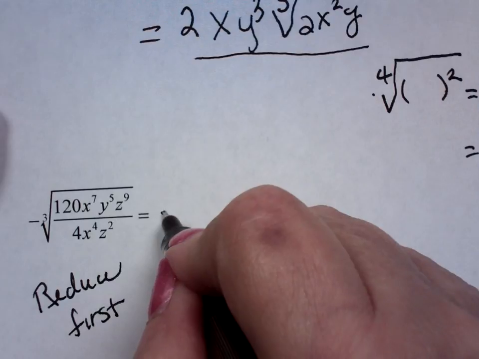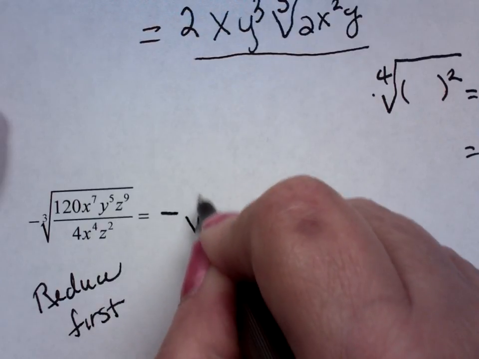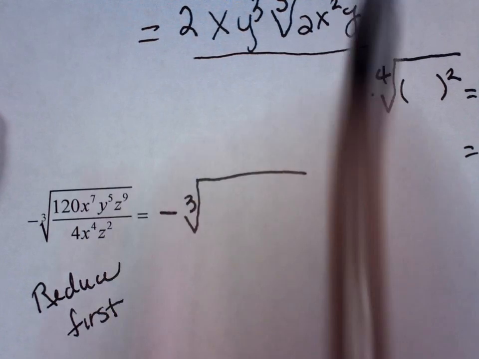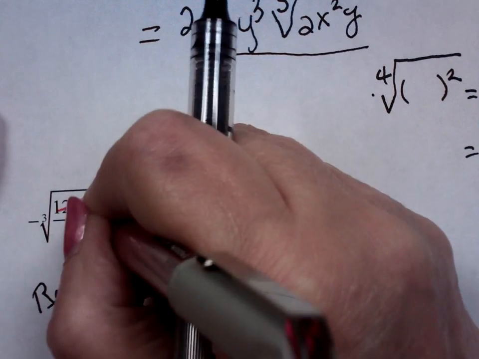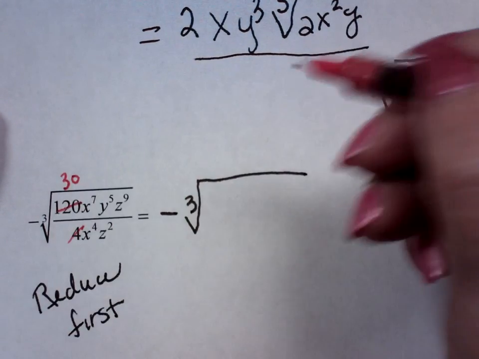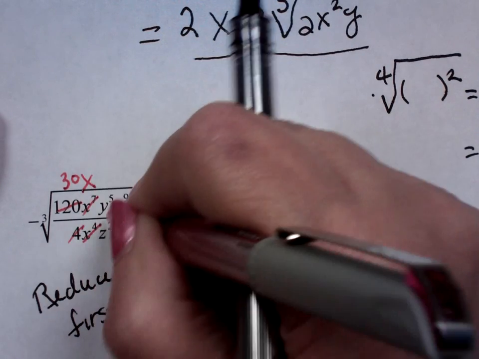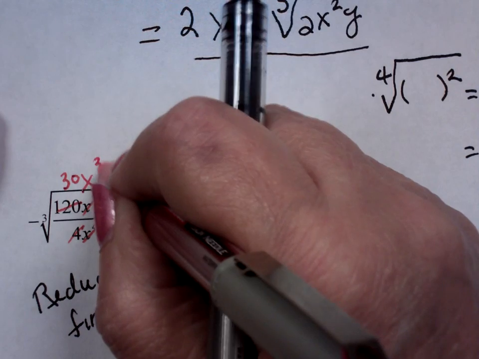So this is the opposite of the cube root. 4 divides 20, that's going to be a 30. X to the 4th, x to the 7th, that's x to the 7 minus 4, which is 3.